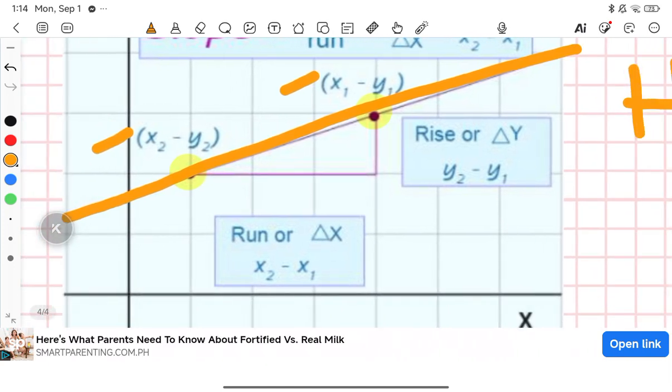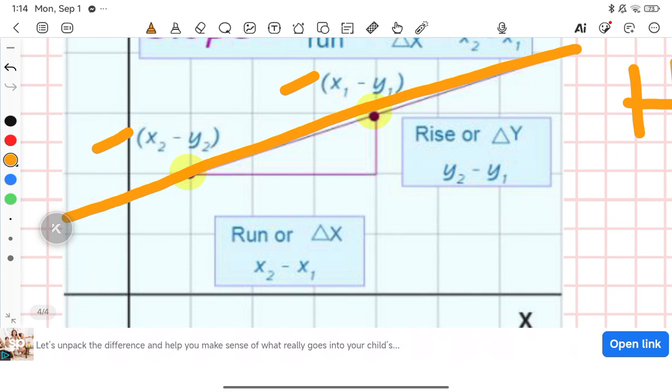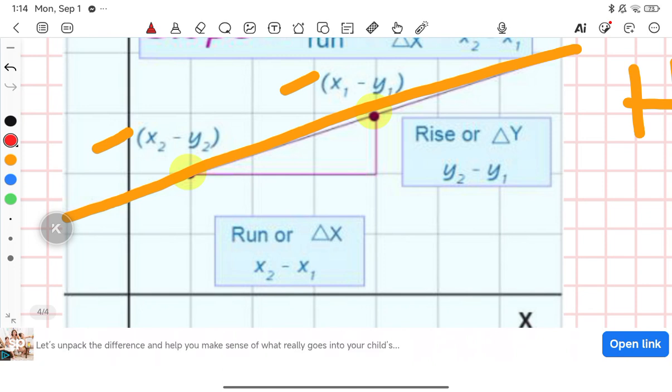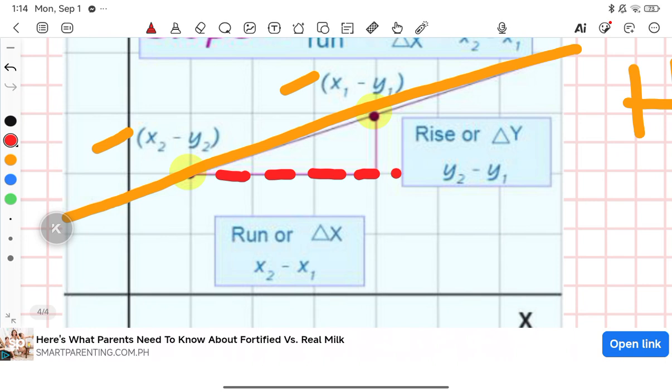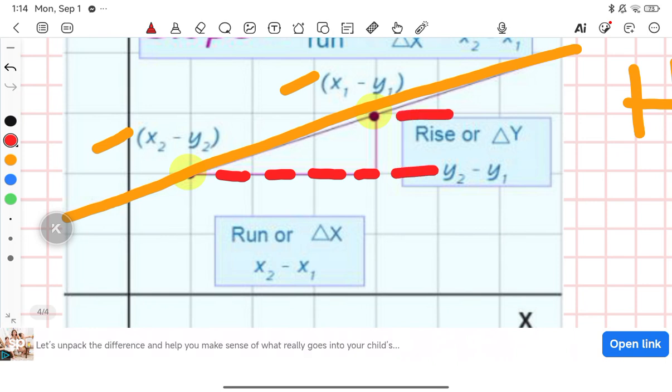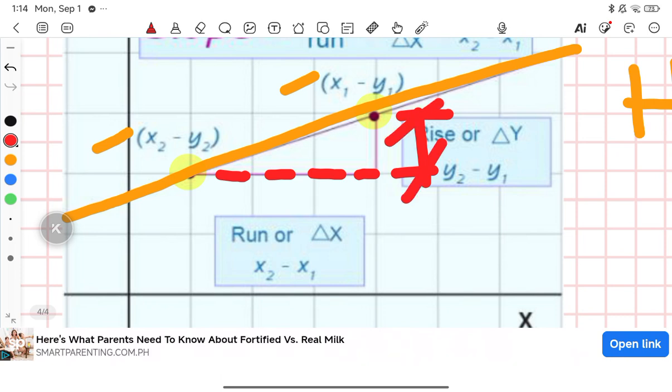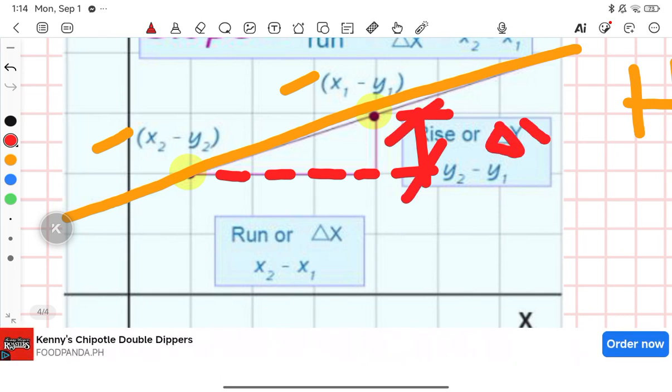So, how do we get the vertical and the horizontal distances? We will get the vertical distance from this part of the graph. So, kung ipo-project mo kasi yan, di ba? Ang vertical lang naman. Yan lang naman yung height. Di ba? O yan. Height yan. So, that is the rise or delta y.